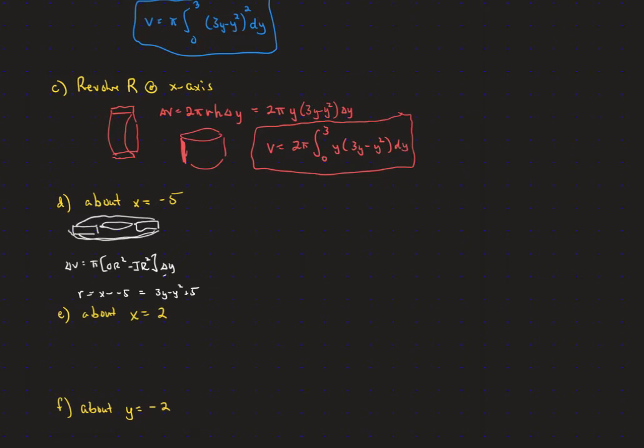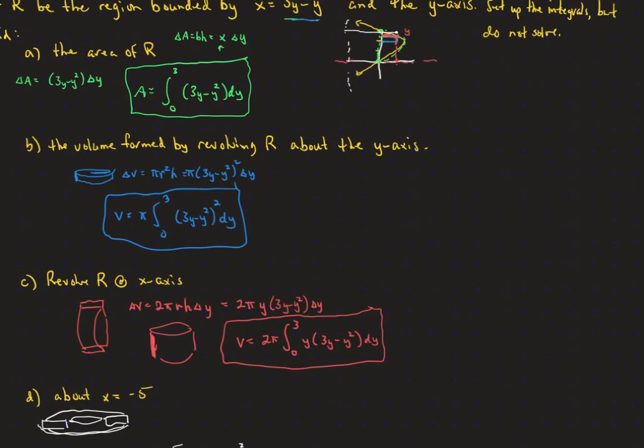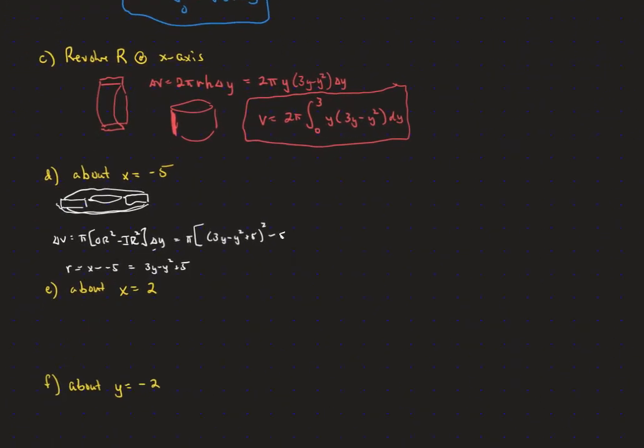So far we have pi times, and we're going to get that (3y minus y squared plus 5) squared minus the inside radius, which is going to be that distance from the axis of revolution to the edge of the hole. But the edge there is always the y-axis, which is x equals 0. 0 minus negative 5 is just 5, so that's going to be 5 squared.